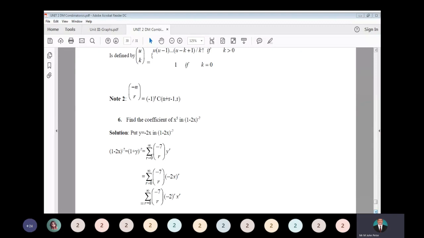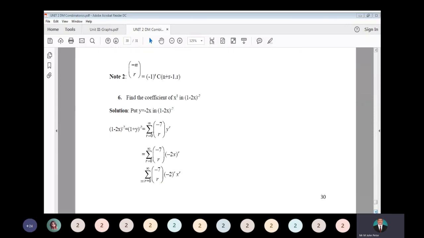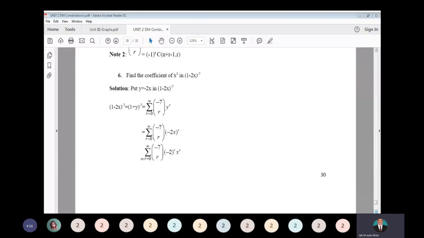So then y replaced by minus 2x, you will get summation r equal to 0 to infinity minus 7 C r (minus 2x) power r. So that is a constant, bracket minus 2 power r into x power r. And using that above negative minus n C r concept, minus 1 power r into C of n plus r minus 1, r, that concept you have to use because of the negative value.